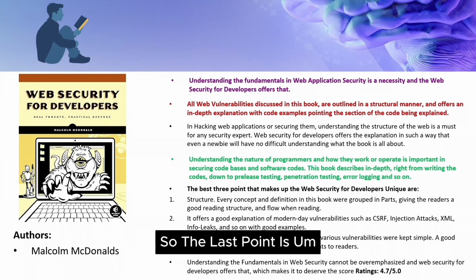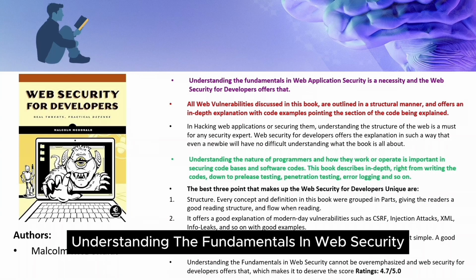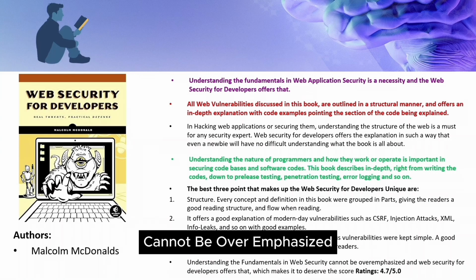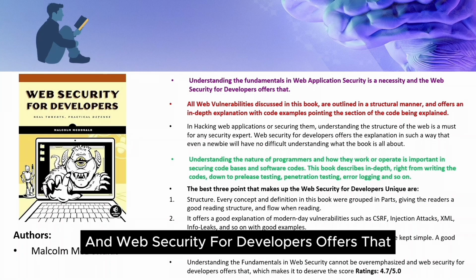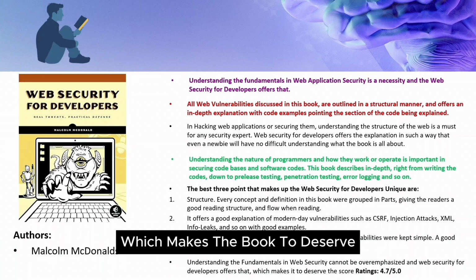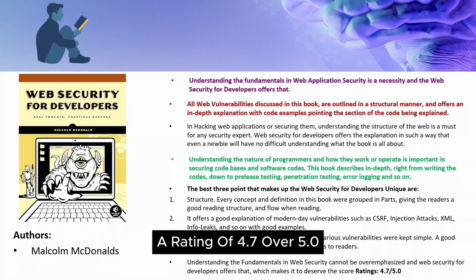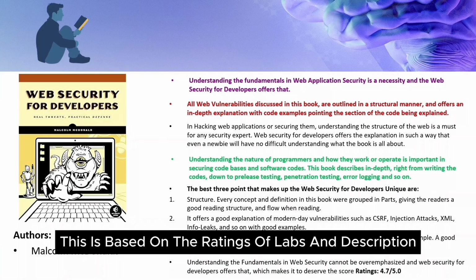So the last point is understanding the fundamentals in web security cannot be overemphasized, and Web Security for Developers offers that, which makes the book deserve a rating of 4.7 over 5.0. This is based on the ratings of labs and description.